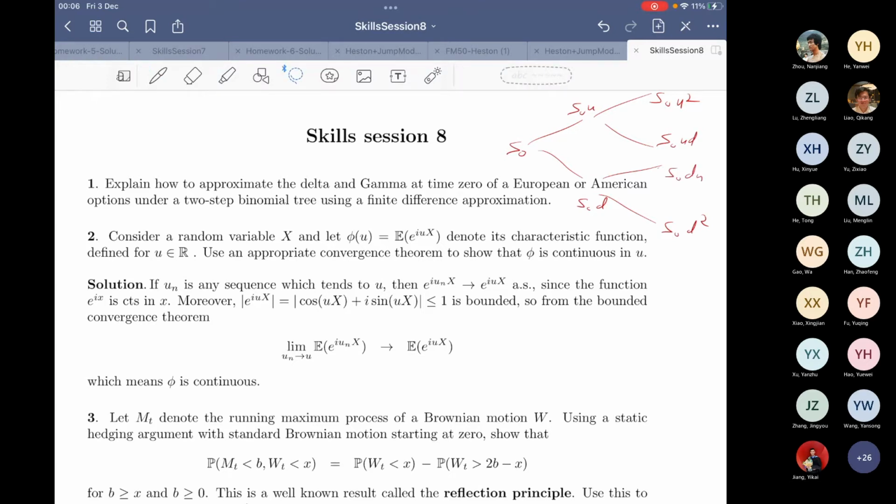Although those two stock price values are the same, the option payoffs may not be for a more path-dependent one. So we denote that node by FU, that node by FD, that node by FUD.